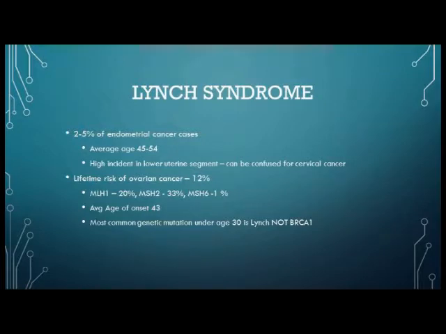But if you do, it's much more likely to be Lynch than it is to be BRCA mutation, which I did not know before doing this. I wouldn't have thought that. And about 20% of people with Lynch will get their cancer before the age of 40. So, again, pretty young.